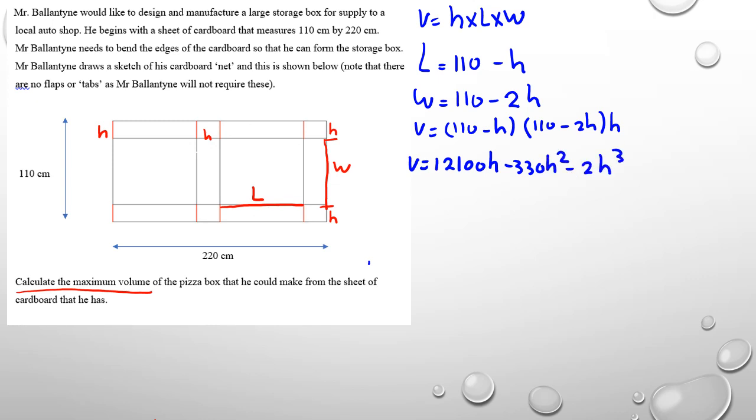Now the next step, because it says find the maximum volume, so definitely I'll have to differentiate, not factorize, the volume equation. So the volume equation differentiated.